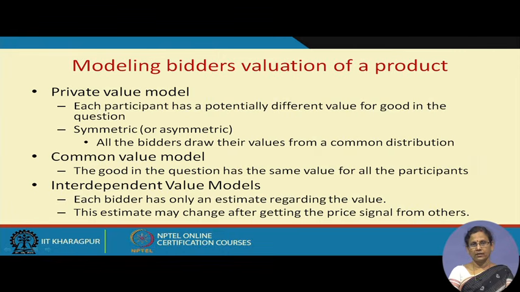Okay. Now, next is the interdependent model. In the case of the interdependent model, let us take the example of a laptop which is getting sold on auction on eBay. That laptop which you need, and let us say a few other bidders need, is after all an old laptop.